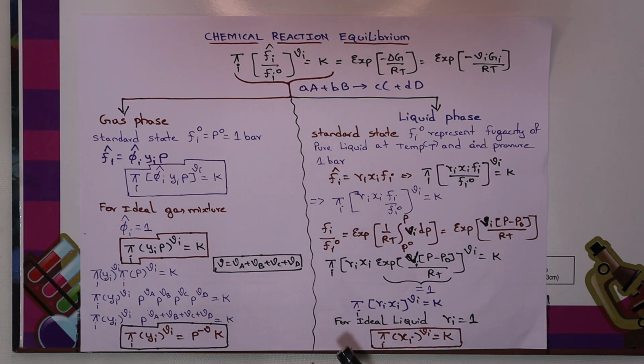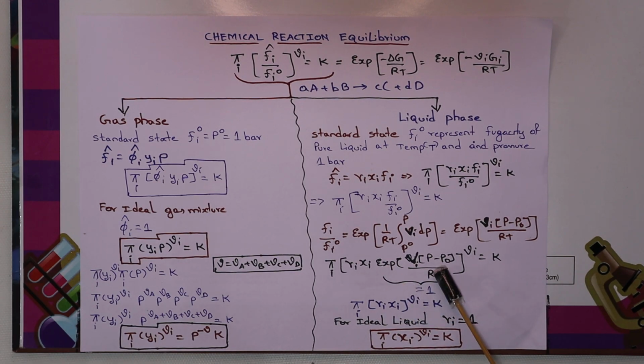In general, when you apply this expression at very low pressures, the exponent of V times (P minus P0) by RT will be equal to 1. In the majority of cases, the value of this particular term is equal to 1.